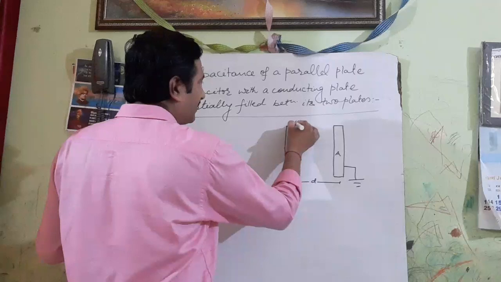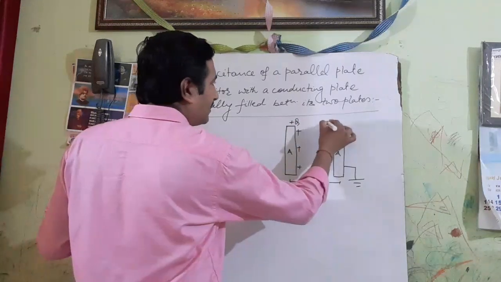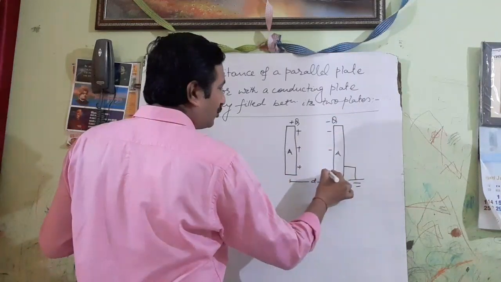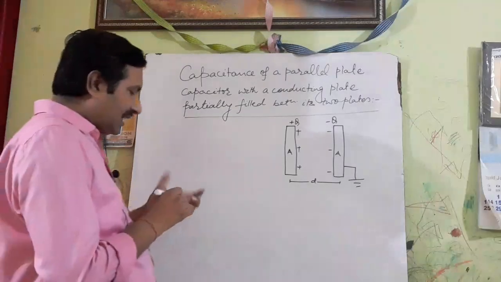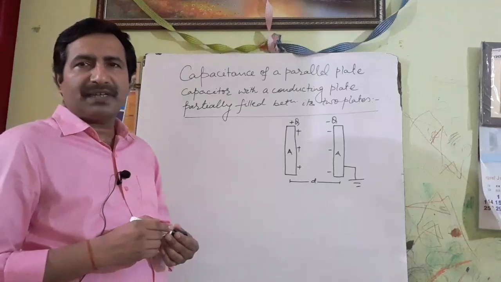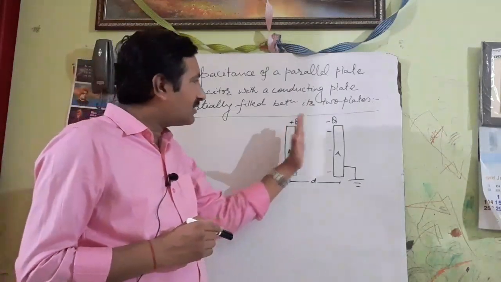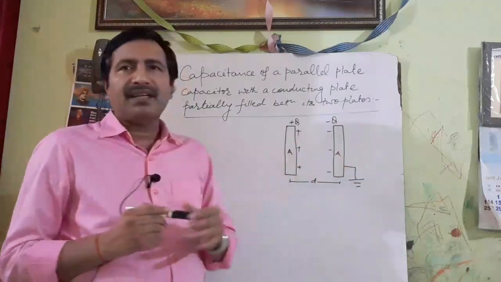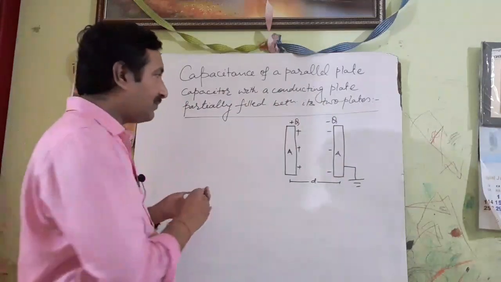This plate carries a positive charge plus q and this plate carries a negative charge minus q as the induced charge. So an electric field will develop in the space between the two plates, and you know this electric field will be from the positive plate to the negative plate of the capacitor.